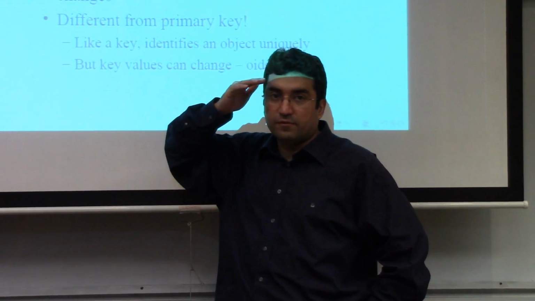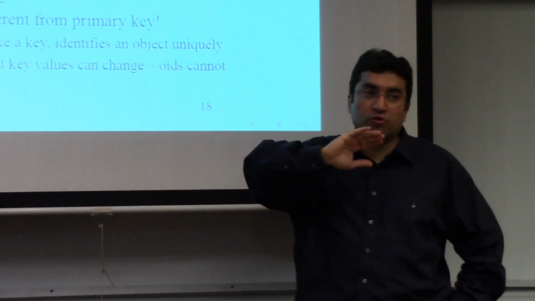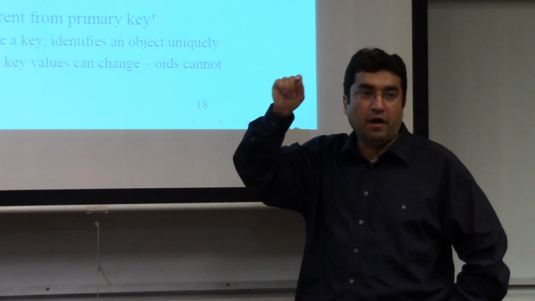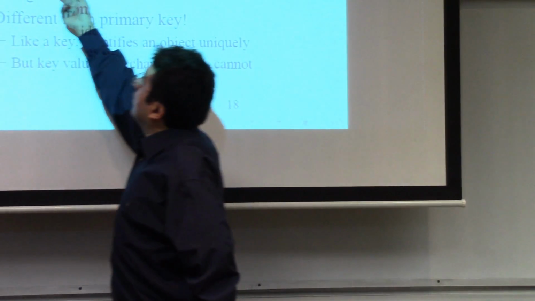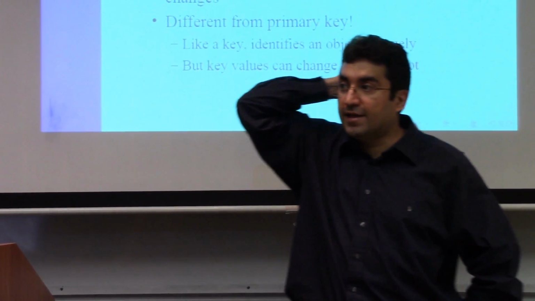So free your mind from primary key. Don't think about that relational model. This is just an ID for each object, and this ID is immutable. What does it mean? It does not change. It cannot be changed.